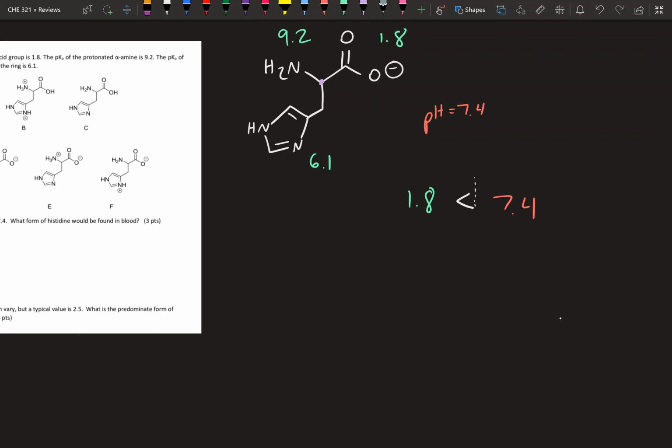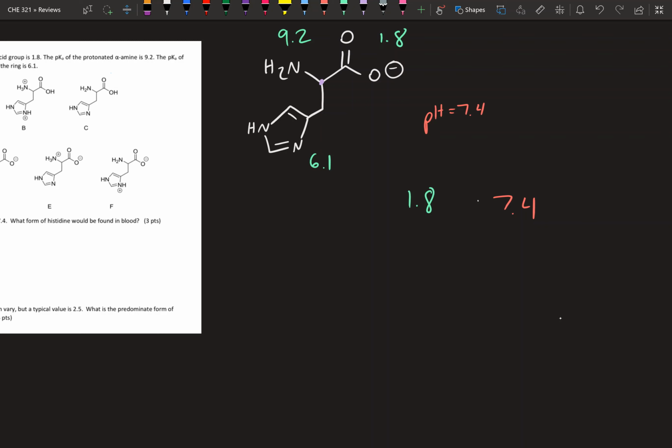Right? You see we can draw a little D over there. And so that's one way you can think about it, deprotonated. And if it was the other way around, we would have done this, right? You wouldn't have a D. What we could do instead is P for protonated. Okay? And so those are two ways of going about this.